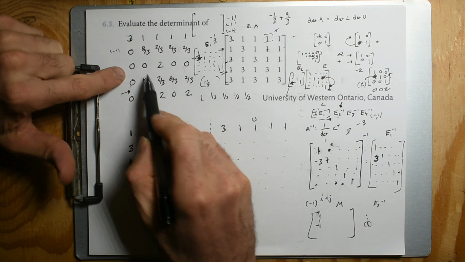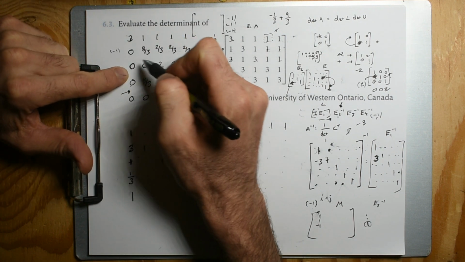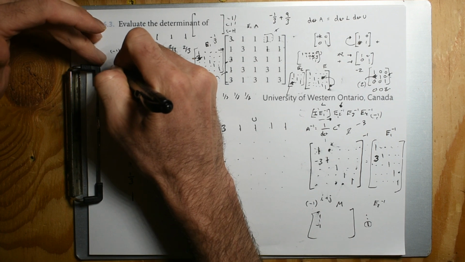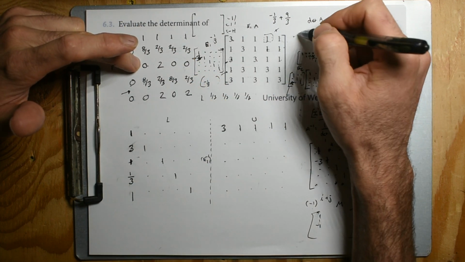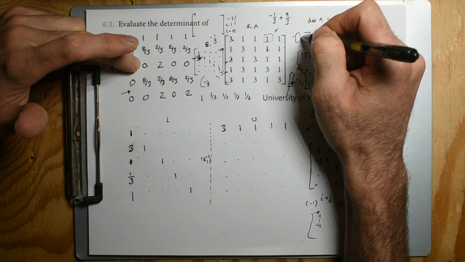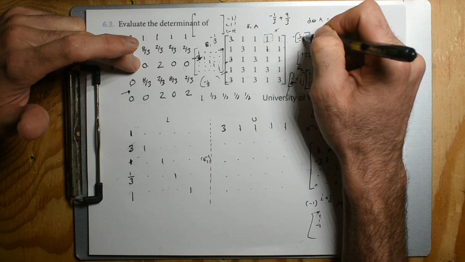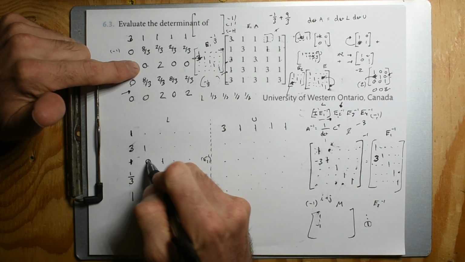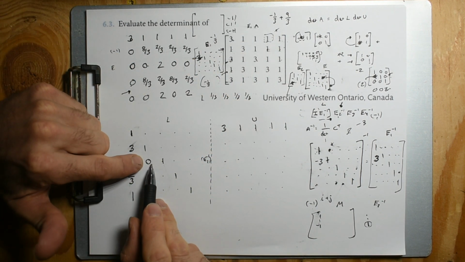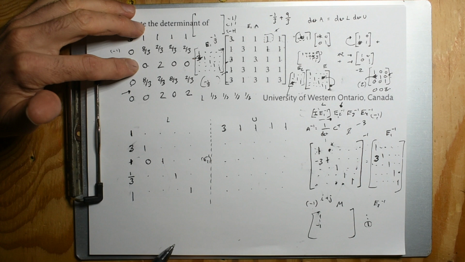But this row, do I need to do anything? No. You could say it's an elementary row operation where you start with the identity matrix, and that value is just going to be 0. So you can say I'm just going to multiply by the identity matrix to get that. The inverse of the identity matrix makes that 0. So you can think of it that way.